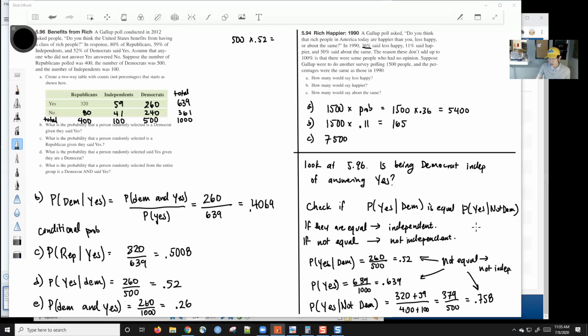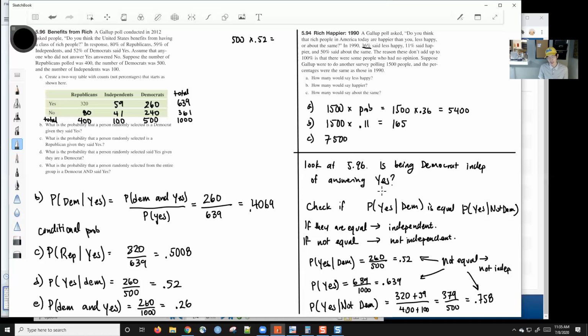Why would we pick one over the other? It doesn't matter. So whichever one, I guess, is easier to calculate. If they're independent, then all of these things would be true. Probability of yes given Democrat would be equal to the probability of yes given not Democrat, or just the probability of yes in general.